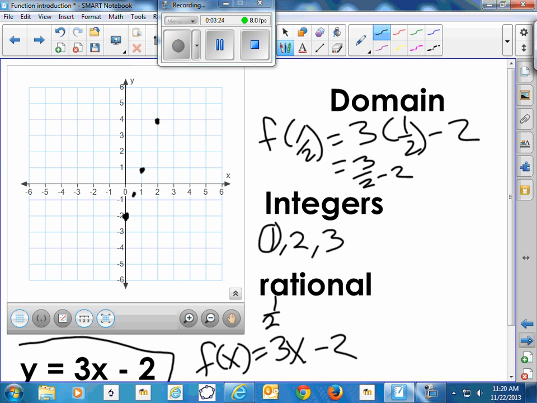Anyways, another rational number might be, let's do 3/2. That's a rational number.